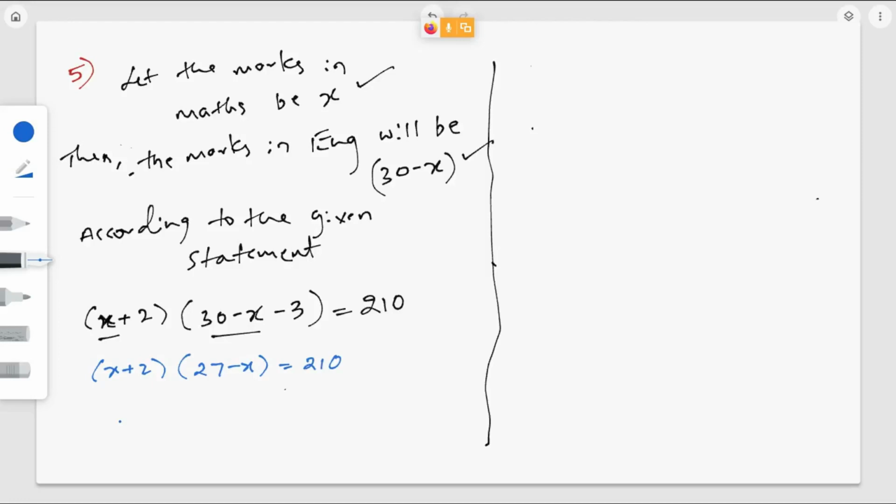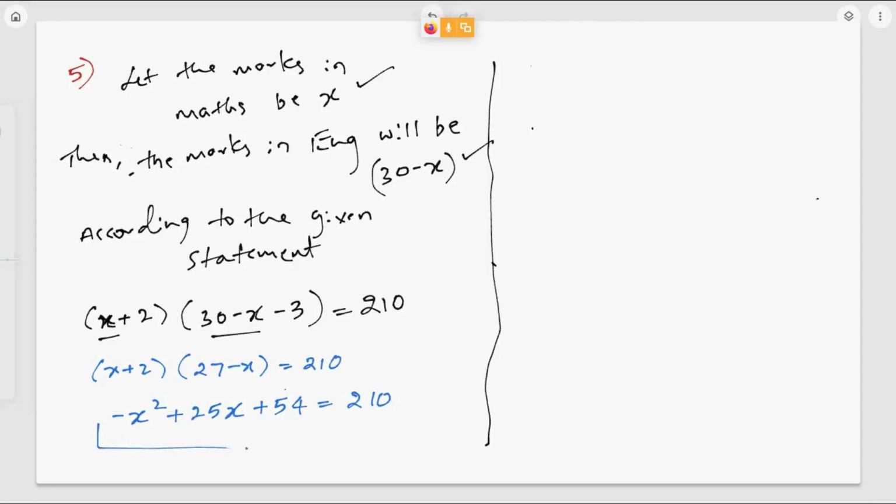If you multiply these two, if you find the product of these two, then you will get minus X square plus 25X plus 54 is equal to 210. You can just cross check. Just multiply these two and check whether you get this or not.